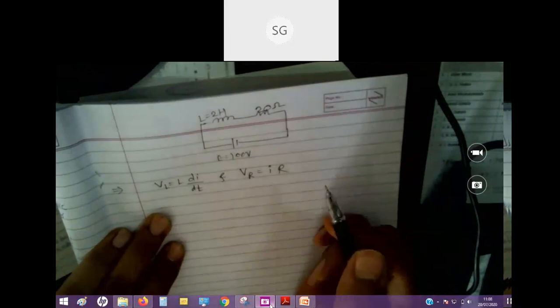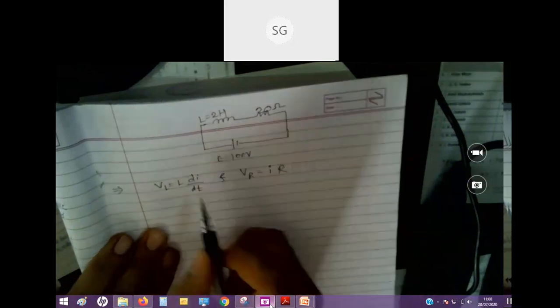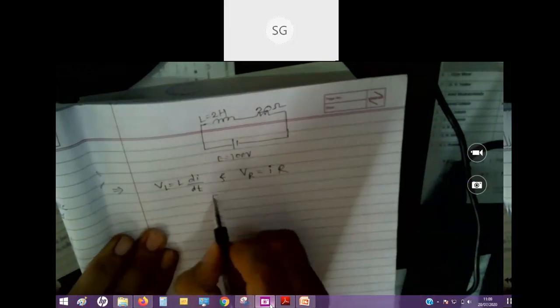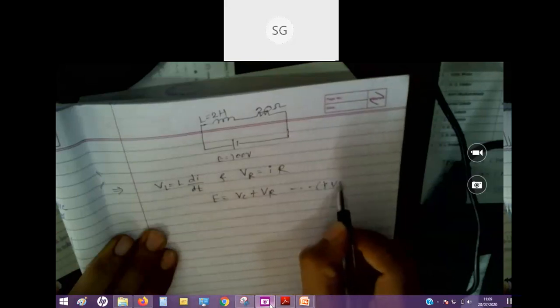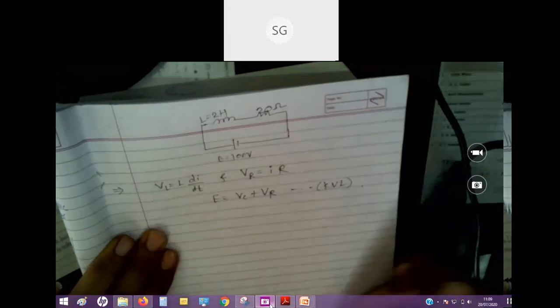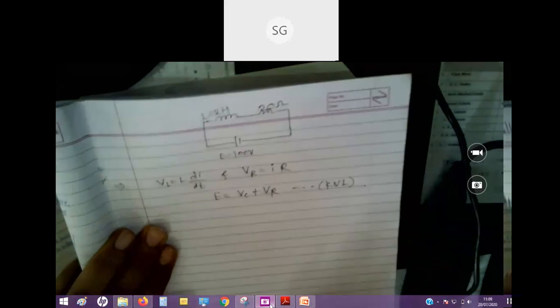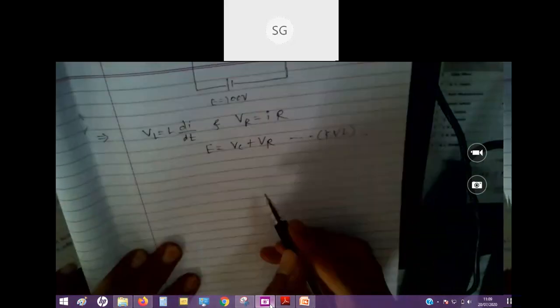And by using Kirchhoff's law, we can say E is equal to VL plus VR using KVL. Are you getting this step? Using KVL, E is equal to VL plus VR.